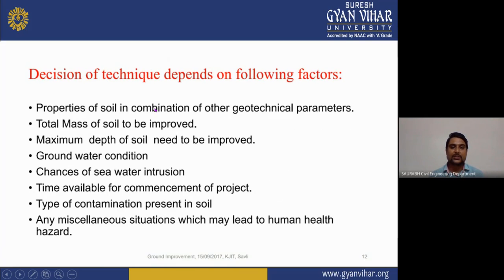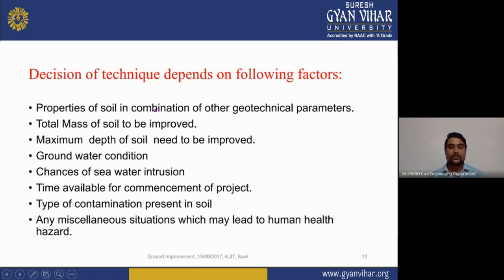What should be the decision of technique? What factors should be involved in the decision taking? As you can see here, the first one is properties of soil in combination with other geotechnical parameters. Total mass of soil to be improved.